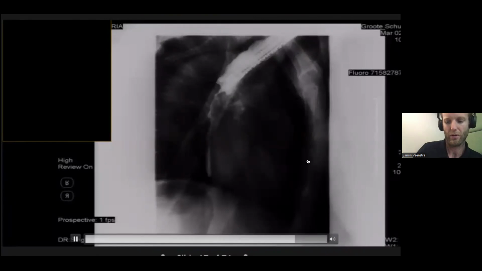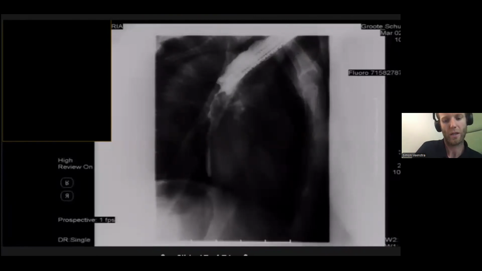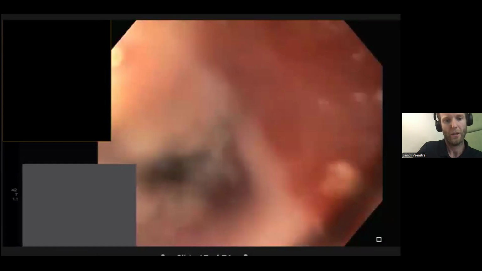So it's a more advanced cancer, and you're going to treat that differently compared to the first one, depending on whether this patient is for palliation or for curative treatment, on what you intend to do.